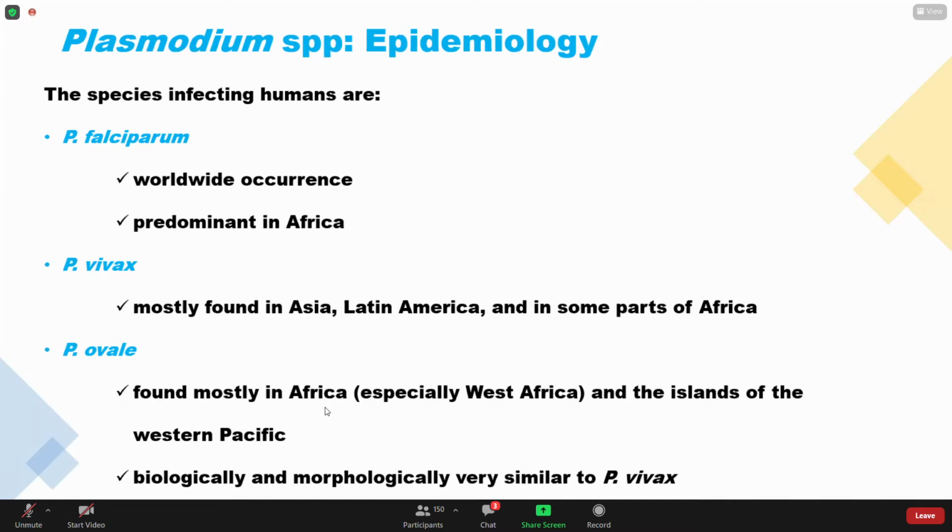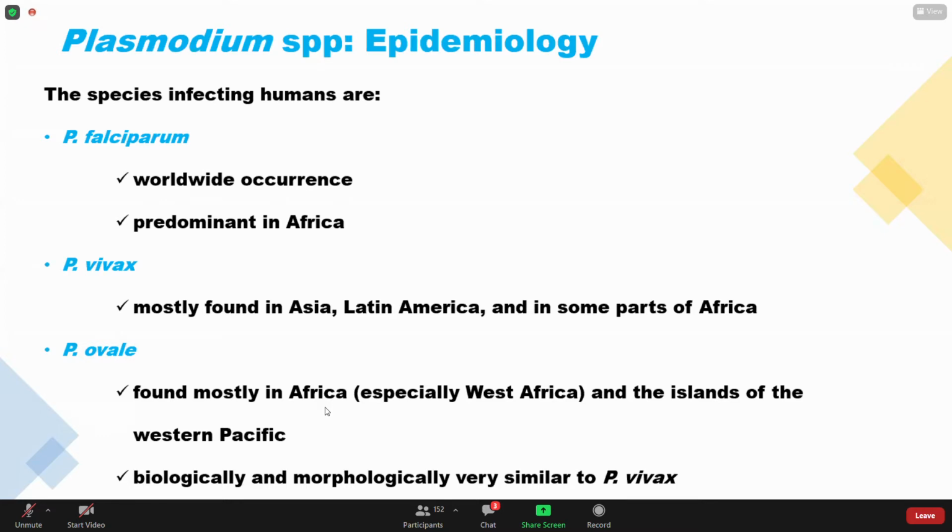P. vivax is mostly found in Asia, Latin America, and in some parts of Africa. In West Africa, P. vivax is not common because the receptor required for parasite entry into the red cell is lacking in the cells of people of West African descent. P. ovale is found mostly in Africa, especially West Africa.